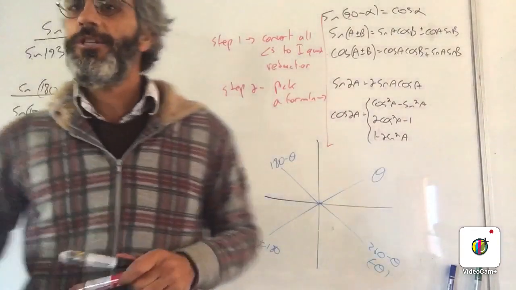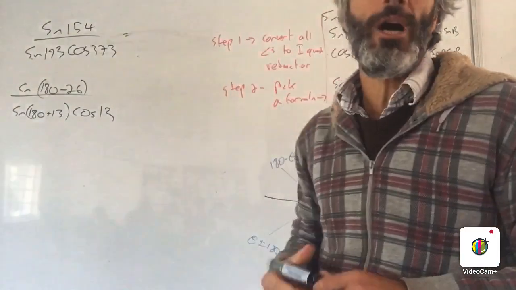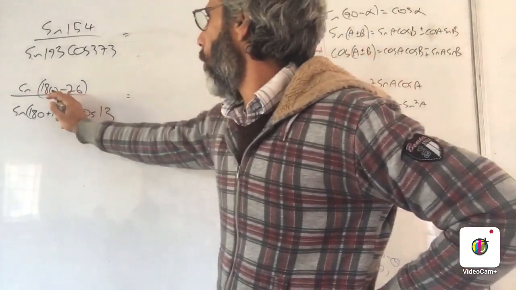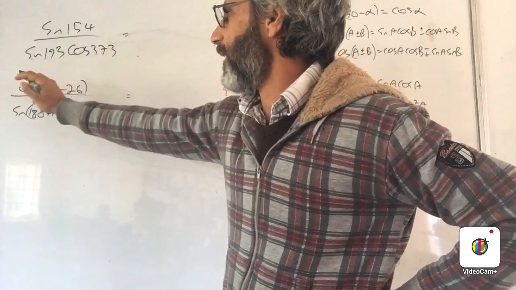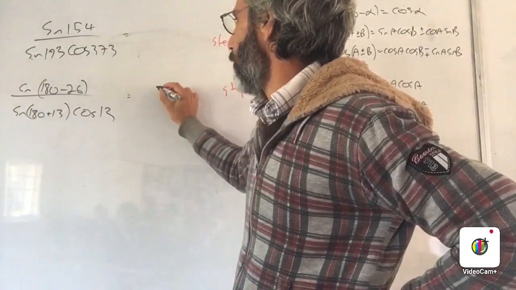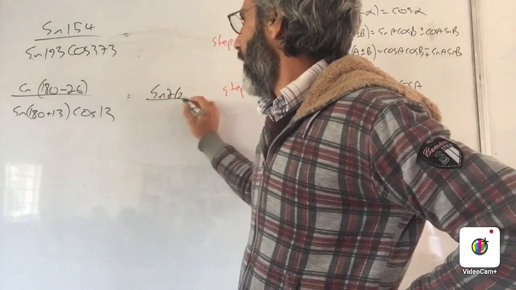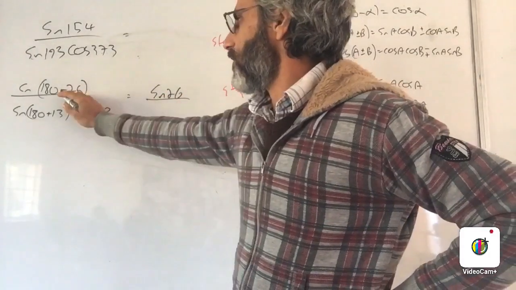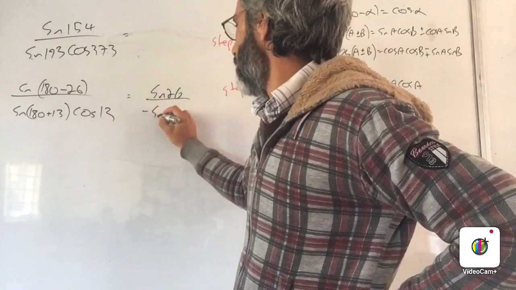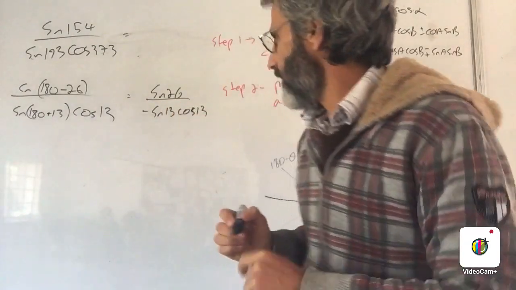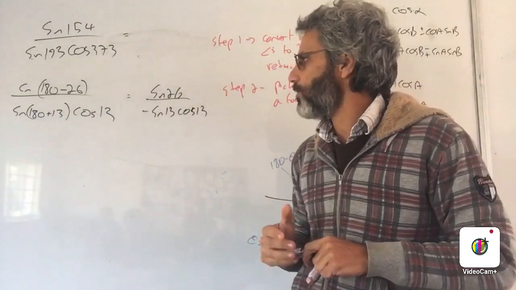I can write 360 plus 13, but I can take out that 360, so I did a bit in one step. Now 180 minus 26, the second quadrant, the sign is positive, so it's going to be sine 26. And then this one is negative, so minus sine 13, cos 13. Now I'm just going to leave it for you to see what you want to do next.